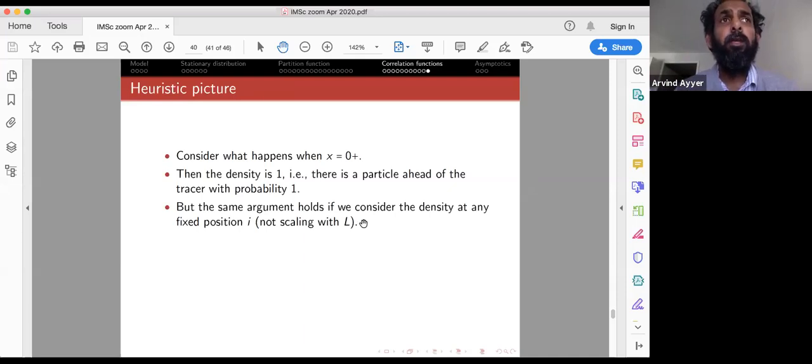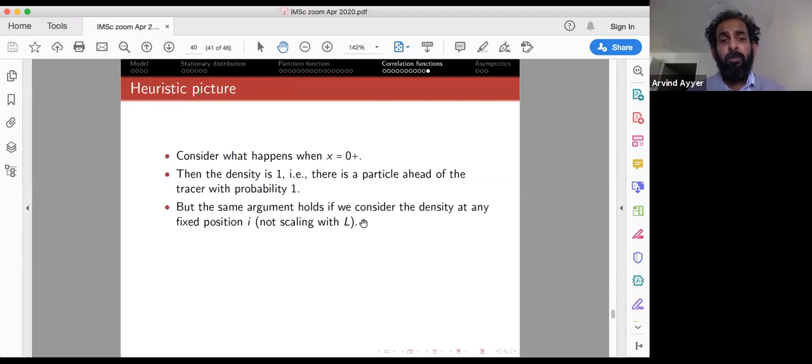So in particular, if you fix any site, let's say 1,000,000, and you look at the 1,000,000th site in front of the tracer, and you let this L go to infinity, then you will get density 1.